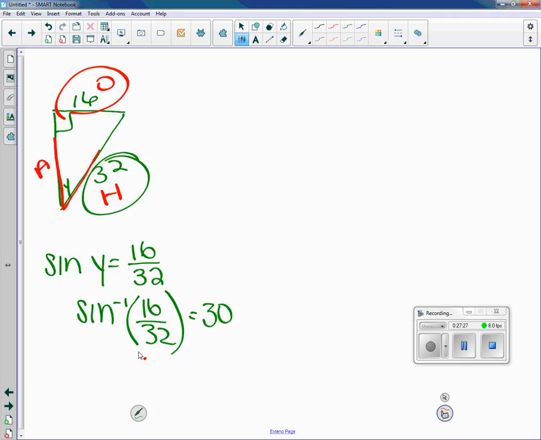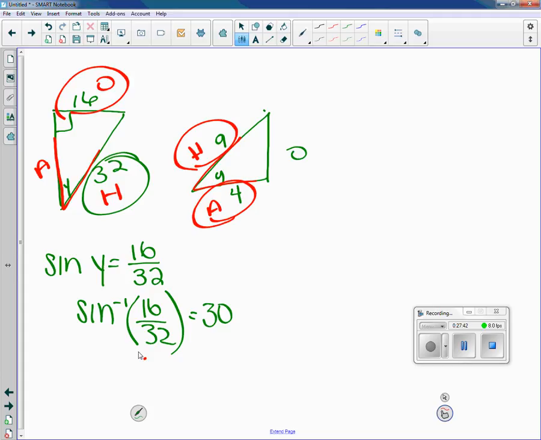Next one. Highlight again. H, A, O. I have values for A and H. So which one am I using if I have A and H? Which one? Everybody should be able to tell me that.